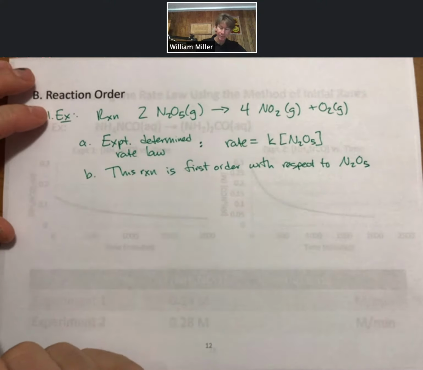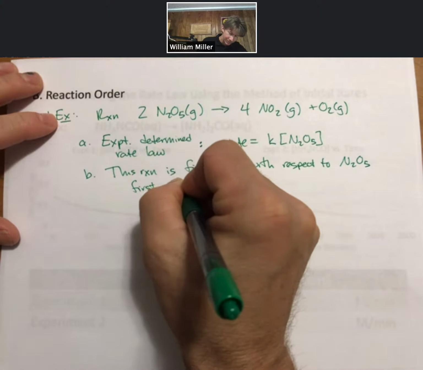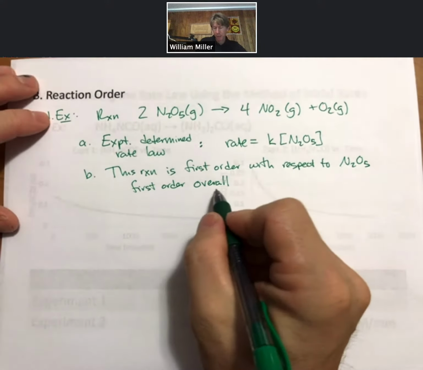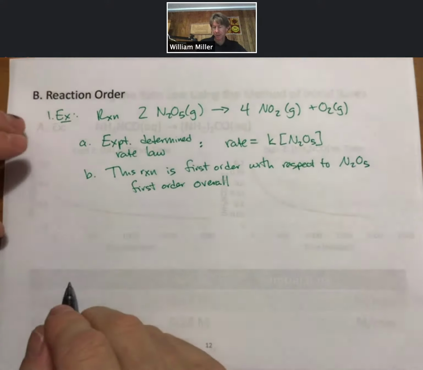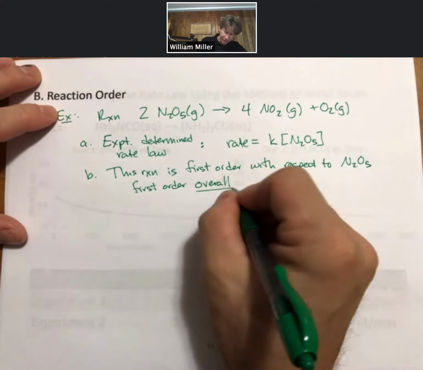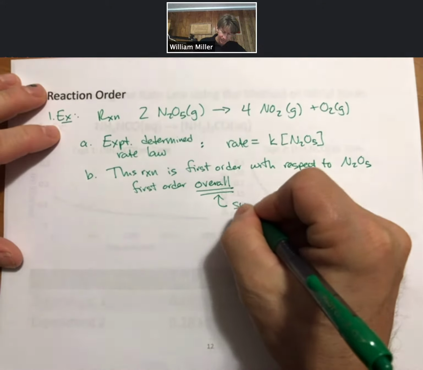And first order overall, where the overall part adds up all of the exponents. And so overall is going to be the sum of all orders.